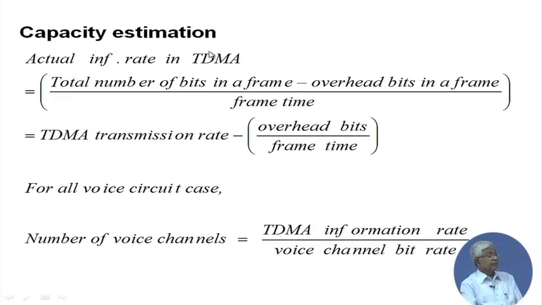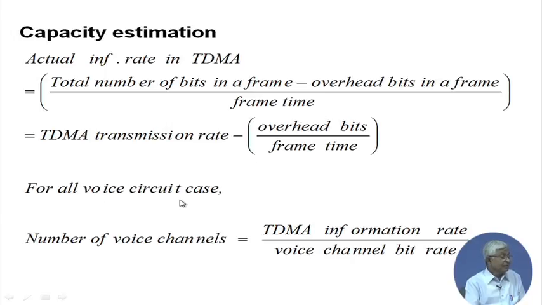Now, when we do the capacity estimate, let us do it in terms of voice circuits. The actual information rate in a frame is the total number of bits in a frame minus overhead bits in a frame, divided by frame time. So, the information rate in TDMA is the TDMA transmission rate minus overhead bits by frame time.